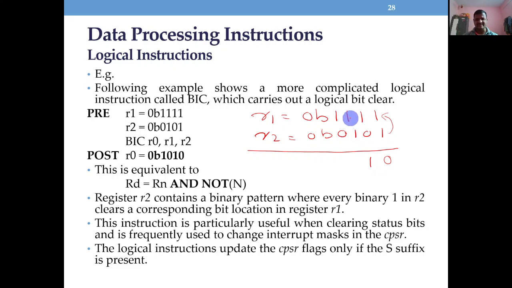Wherever 1 is there, the corresponding bit becomes 0. Similarly, if 0, there is no change. So the answer you will get is 1010, which is stored back in R0. This is called bit clear. Whichever bit you want to clear, to make logic 0, the corresponding bit has to be set to logic 1 and the rest set to logic 0.